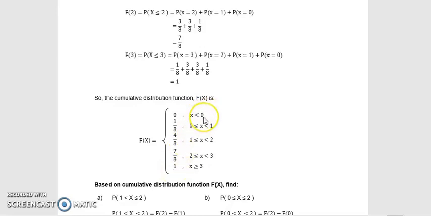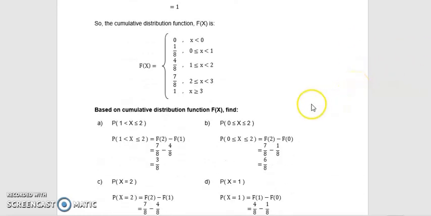If x less than 0, for example negative 2, the probability will be 0. If x is greater than or equal to 0 but less than 1, for example x is 0.5, within this interval, the probability is 1 over 8. So that's how we find the cumulative distribution function for a discrete variable.